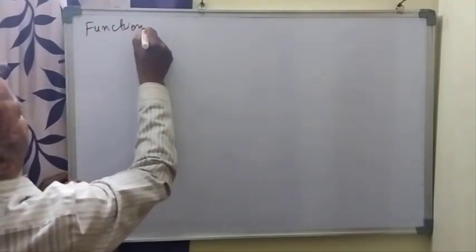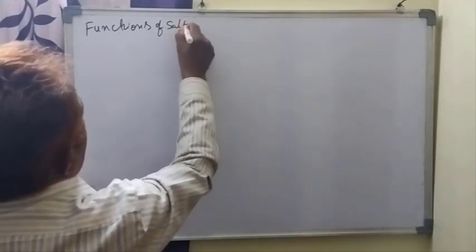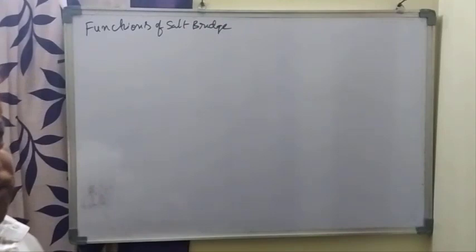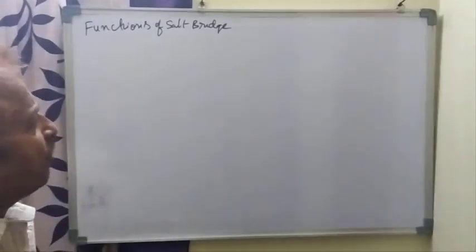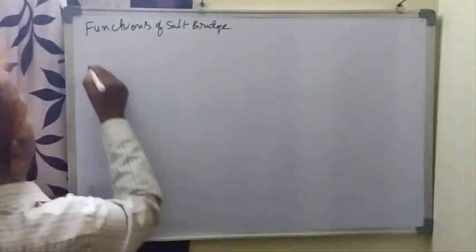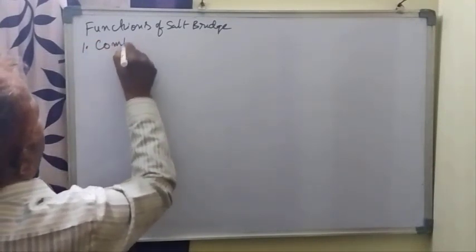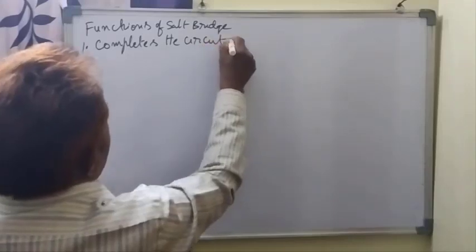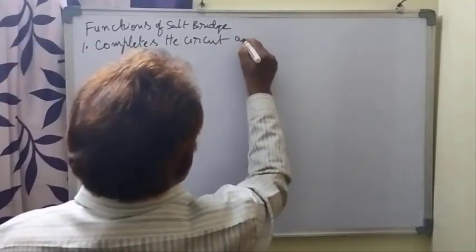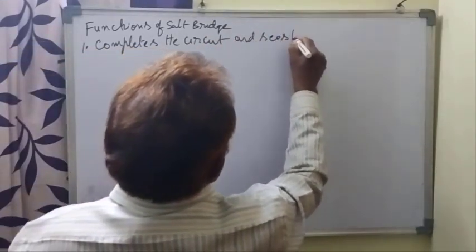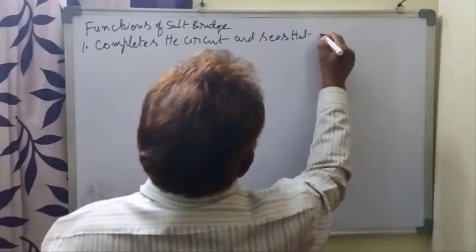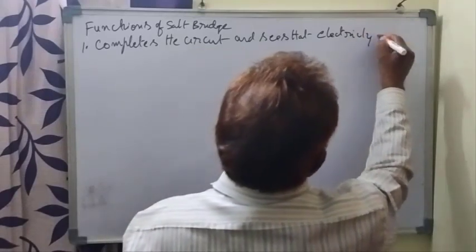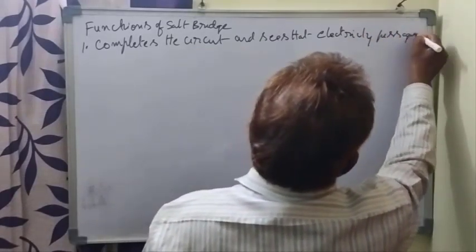Now let us discuss the functions of the salt bridge. The salt bridge is an inverted U-shaped tube filled with paste of potassium chloride, ammonium chloride, etc. Salt bridge completes the circuit and sees that electricity passage takes place.